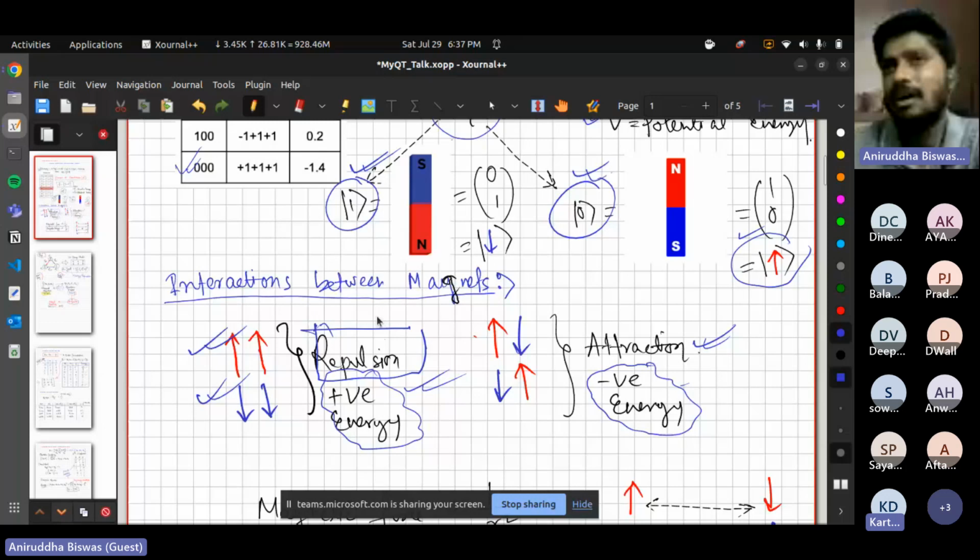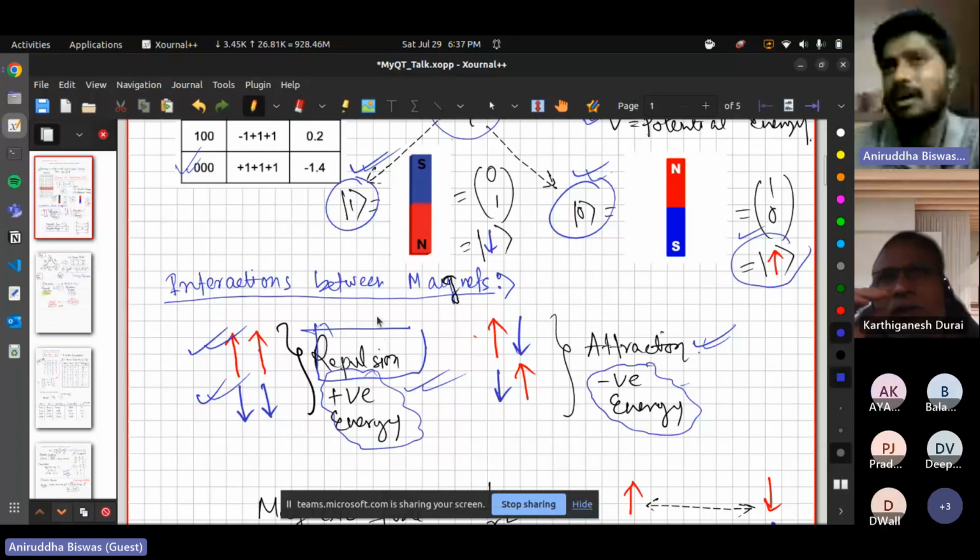I would like to recall our previous session where we discussed the physics behind quantum computers, where we explored various hardware platforms for creating qubits, like the Josephson junction for superconducting, optical computers, trapped ion, and diamond NV center. So there are various approaches to create qubits.